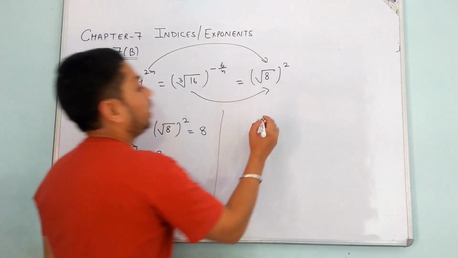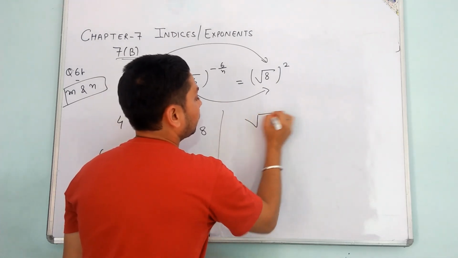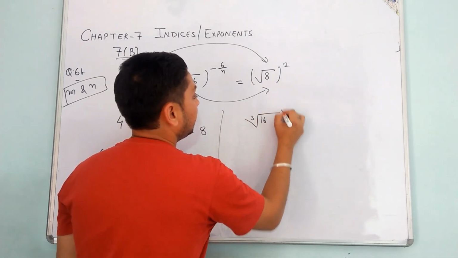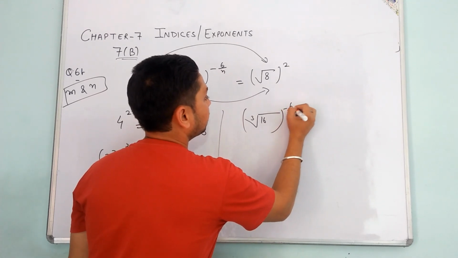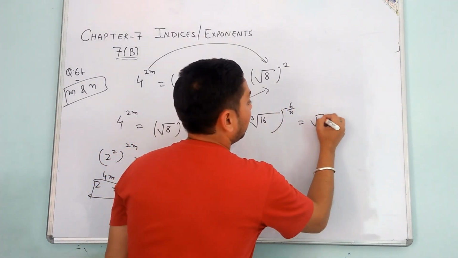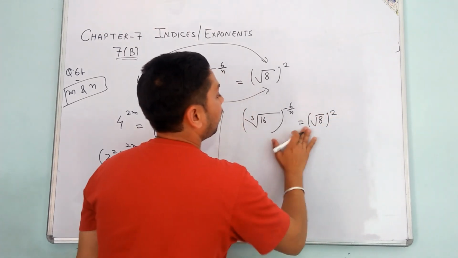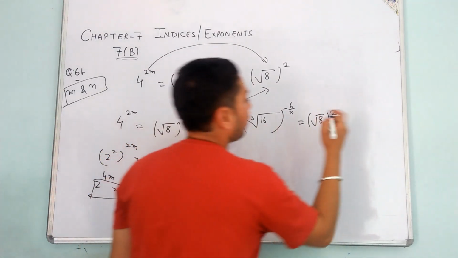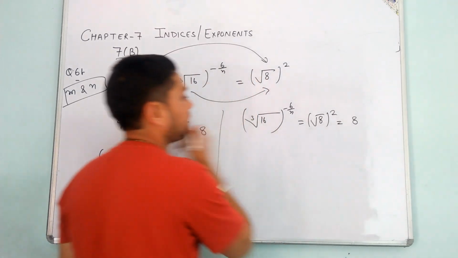Now again cube root of 16 raised to power minus 6 over n is equal to square root of 8 whole square. What is square root of 8 whole square? That is equal to 8.